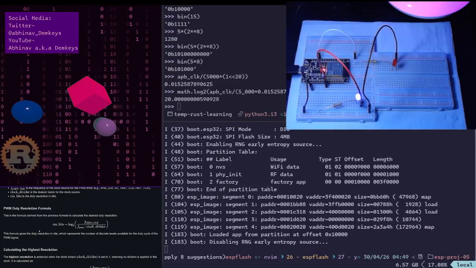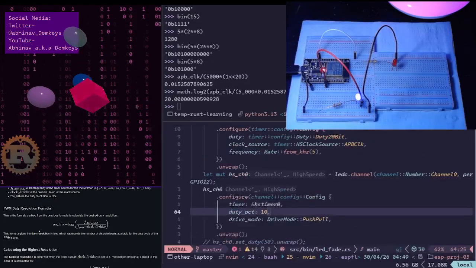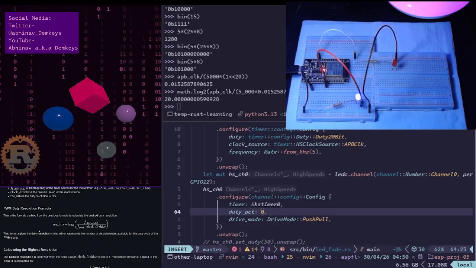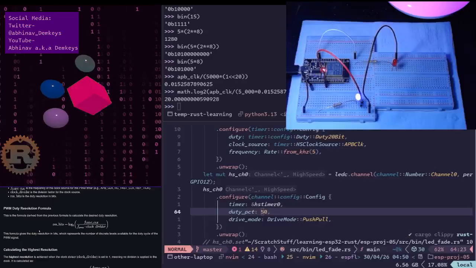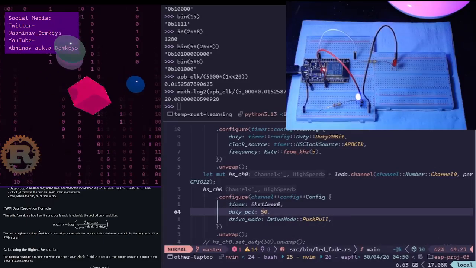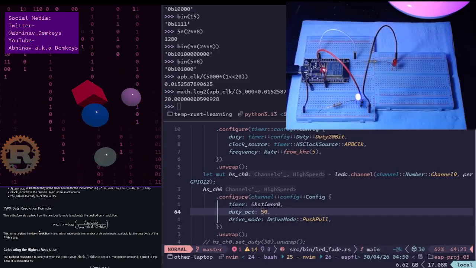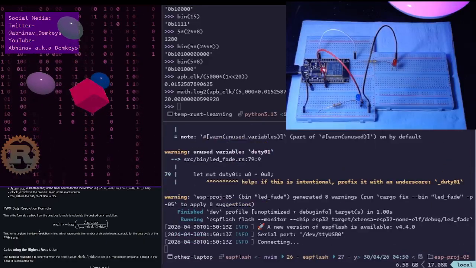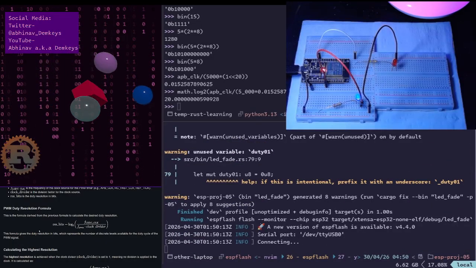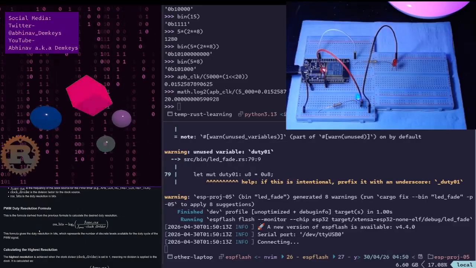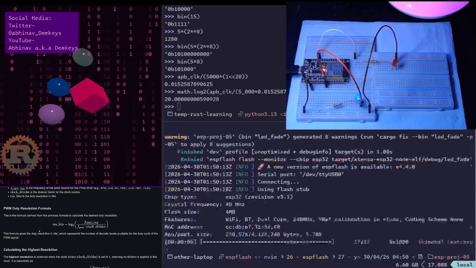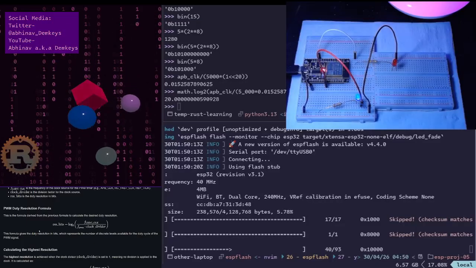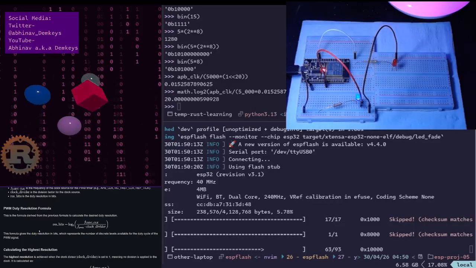All right, I am curious about this. So we're going to try setting it to 50, and I want to see if the LED becomes at least kind of lit up, because I'm not sure if it is actually doing the fade or if it's just running the PWM signal the entire time.